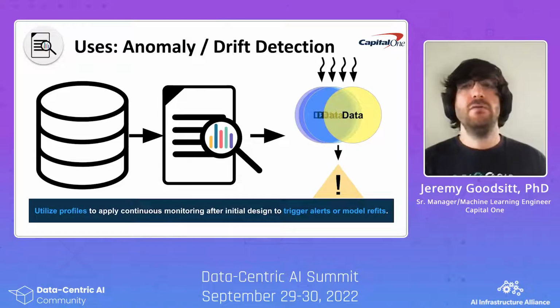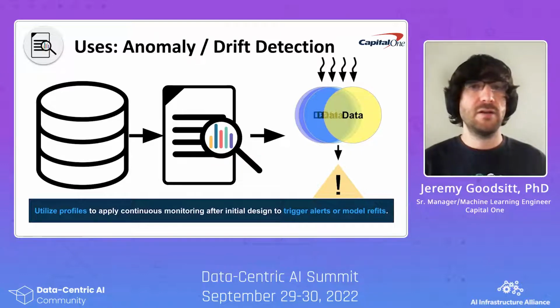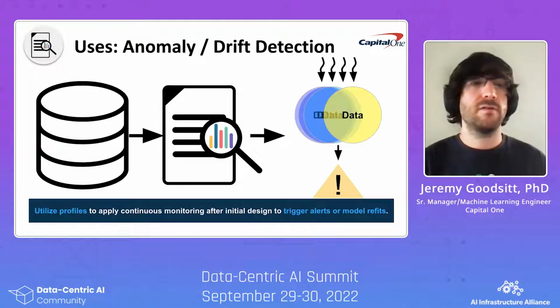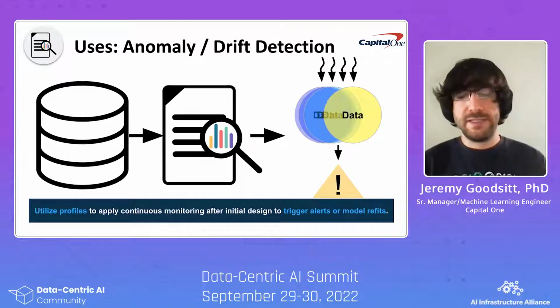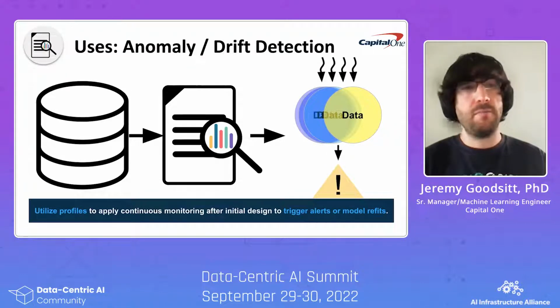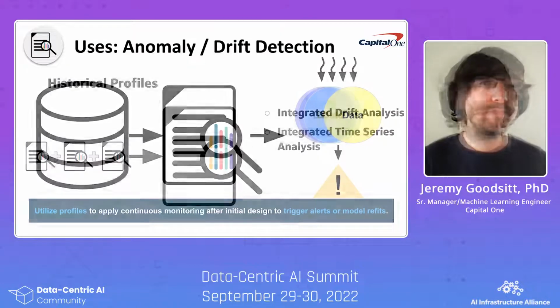Even if we don't know the bounds, we can also utilize the profiles of what we used to train the model with to create these expectations. So, as data is changing, profiles can then be utilized to trigger these alerts, or to at least give guidance of where we need alerts within our pipelines to trigger these sort of events.